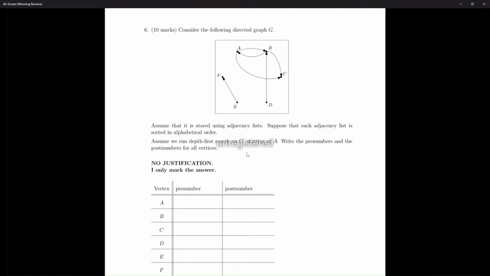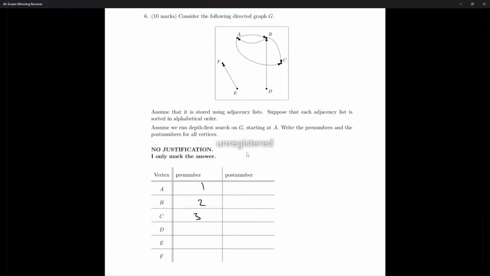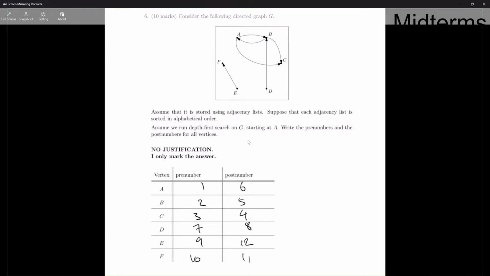So we start from A, so the pre-number is 1, and then we go to B, so the pre-number is 2, then we go to C, pre-number 3, and there's nowhere else to go, so the post numbers are 4, 5, 6, and then A, B, C, D, 7, 8, 9, 10, 11, 12. This should be it.